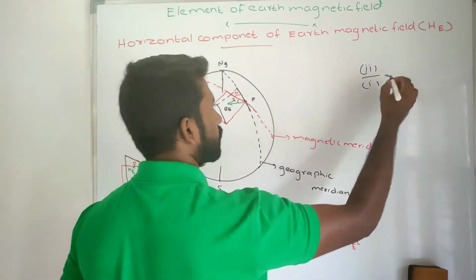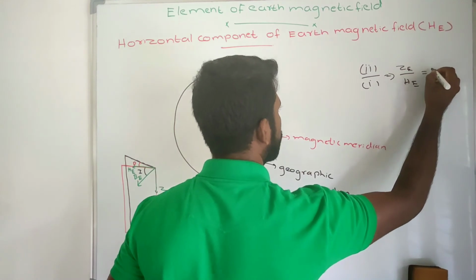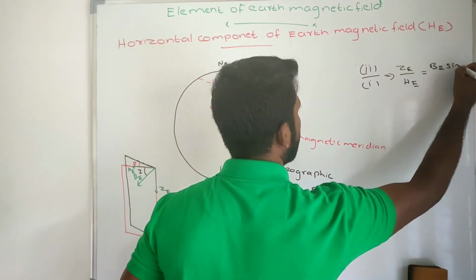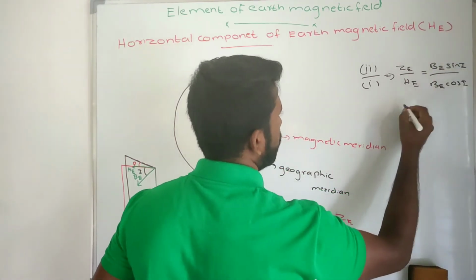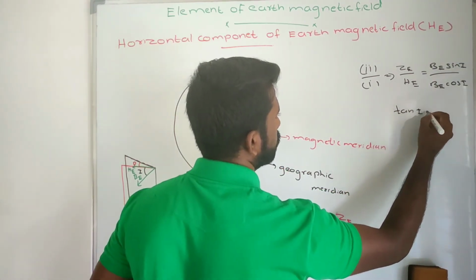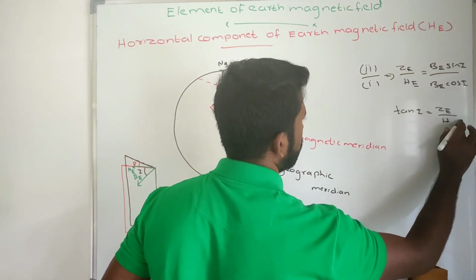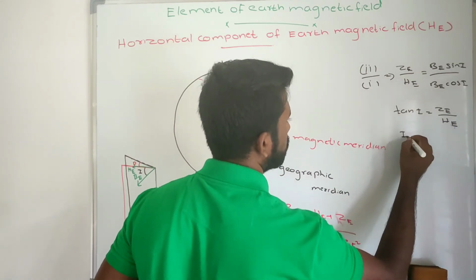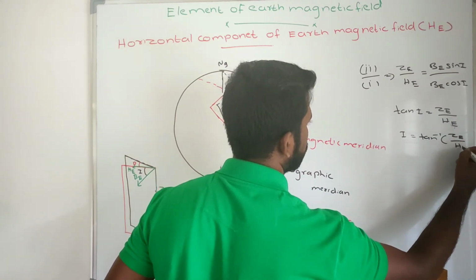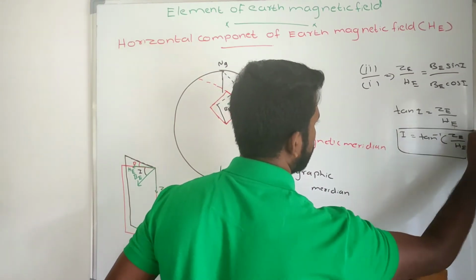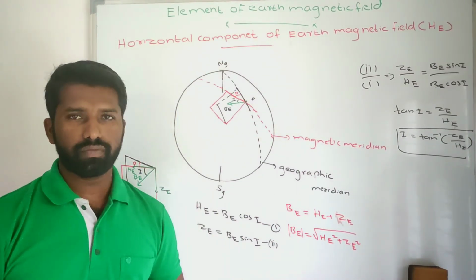Then what do you get? ZE by HE is equal to BE sin I divided by BE cos I. This BE cancels, so tan I is equal to ZE by HE. From this, I is equal to tan inverse of ZE divided by HE. Clear? This way we can find the direction and magnitude of the magnetic field.